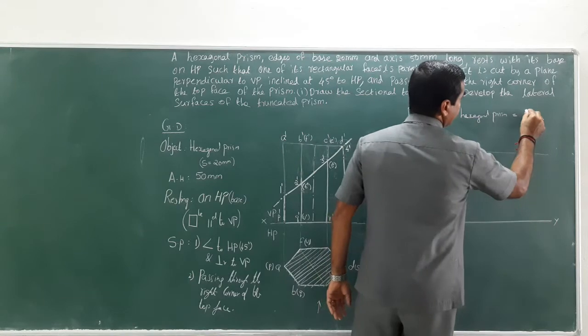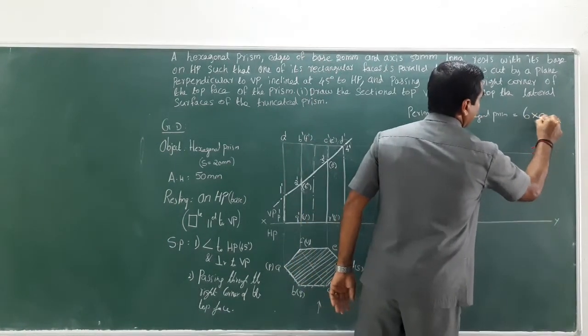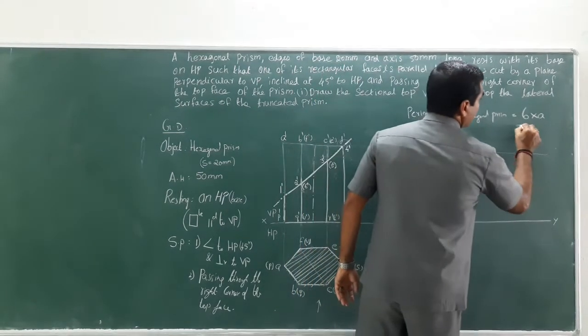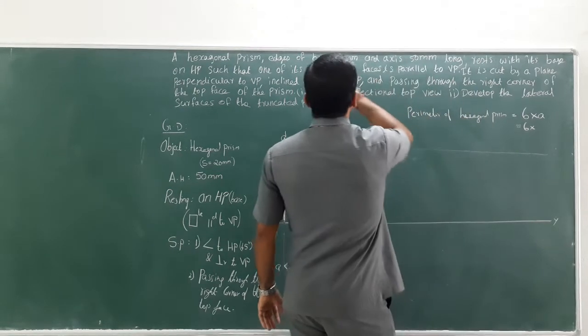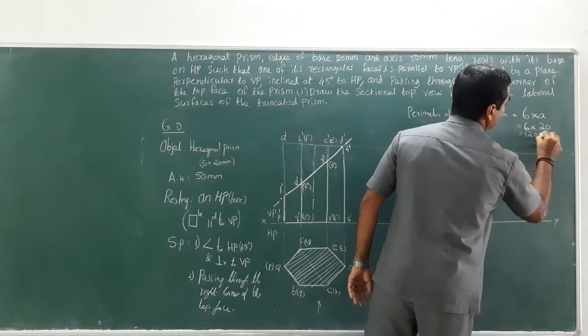N is nothing but the number of sides. Hexagon has 6 sides, isn't it? And a is nothing but the side dimension. 6 into a, where a is 20 mm, that is the side dimension, which gives 120 mm.